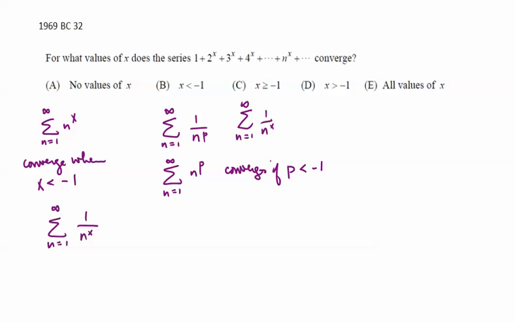Hopefully that's not too confusing and it makes some sense. So your x value has to be less than negative 1 in order for that to be a p-series that converges. It is kind of a tricky problem the way that it's set up.